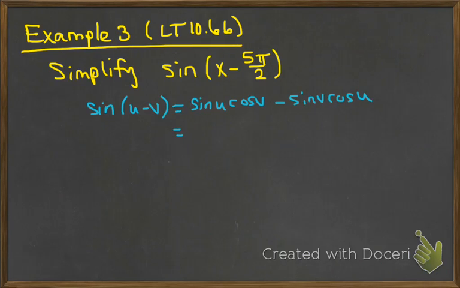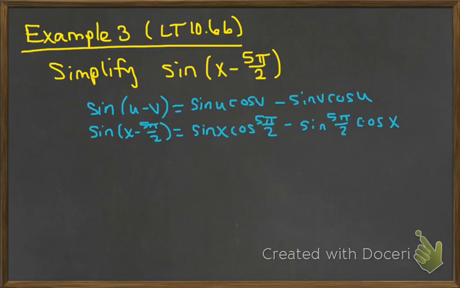So in this case, the sine of x minus 5 pi over 2 is equal to the sine of x cosine of 5 pi over 2 minus the sine of 5 pi over 2 cosine of x.